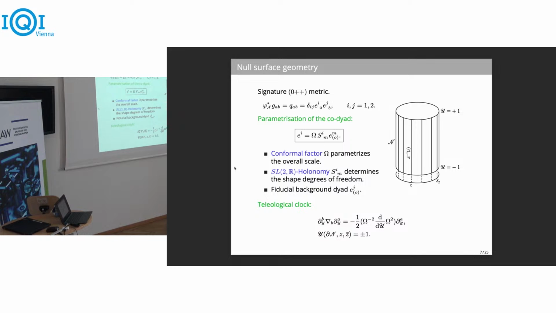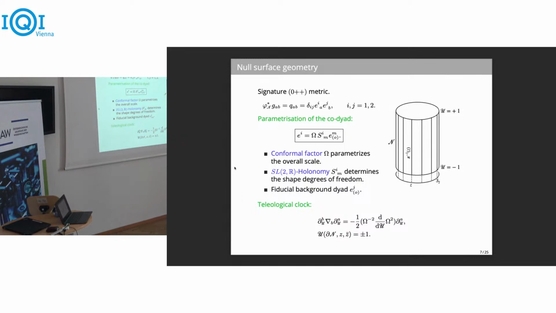This way, we can encode the geometry of the null cone by an overall conformal factor omega and an SL2R parallel transport. In fact, I call this holonomy or parallel transport because this matrix does in fact tell you how to parallel transport along these light rays. This e-zero is just a fiducial reference frame.